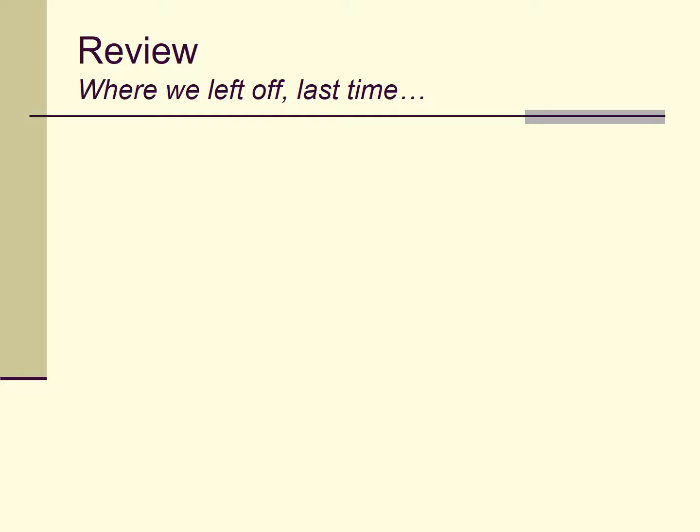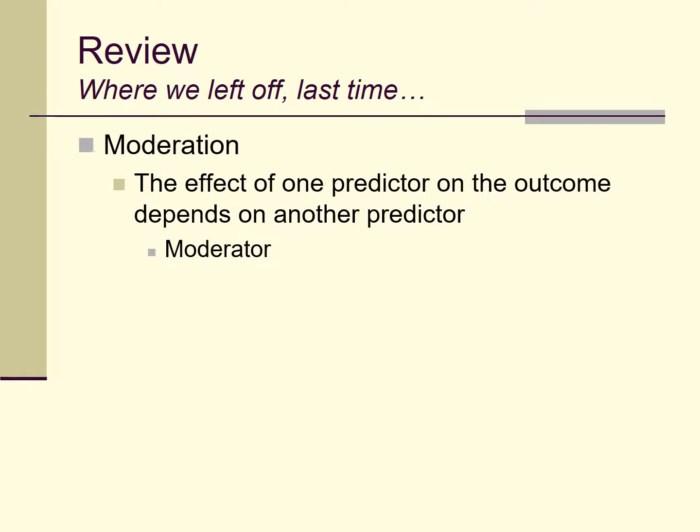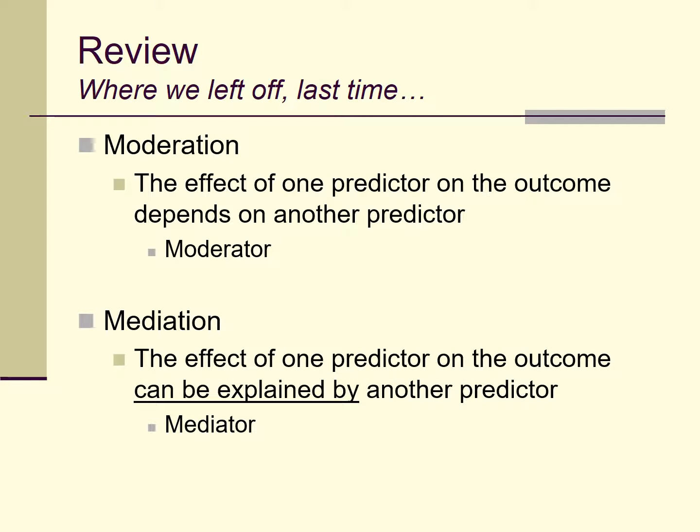Now, where we left off last time, we were talking about moderation and mediation, two terms which mean different things, although they're sometimes incorrectly substituted for one another. In the case of moderation, we're talking about interaction. That is, the finding that the effect of one predictor variable on the outcome variable varies or changes across different levels of another predictor variable, which we call the moderator or the moderating variable.